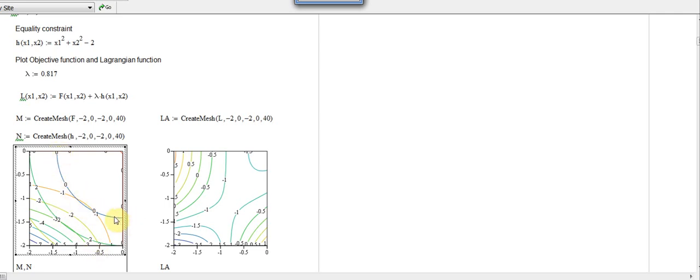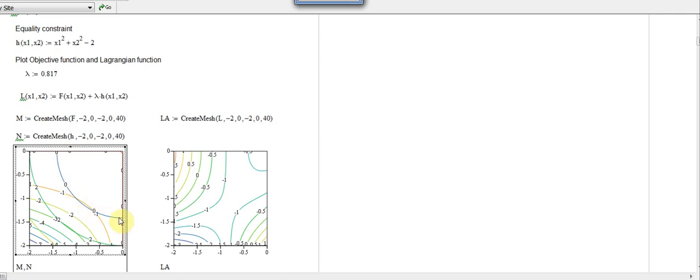Now, in order for the constraint to be satisfied, all the candidate designs that satisfy the constraint, that is, the feasible designs, lie on a circle centered at this point, 0, 0, and it has a radius.